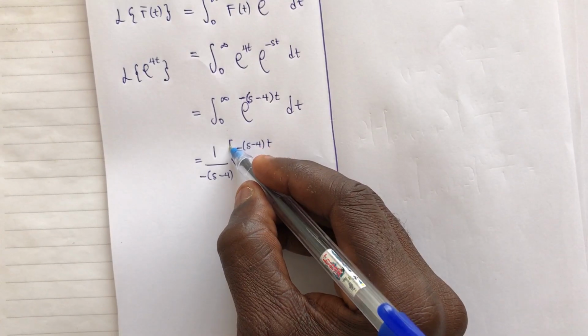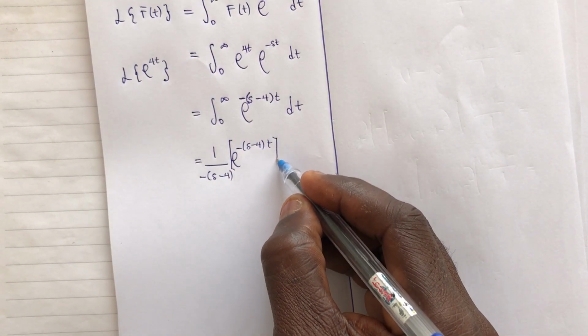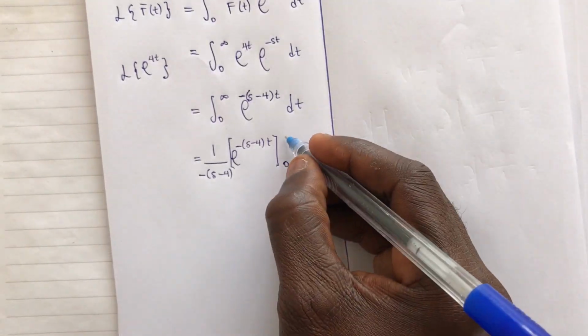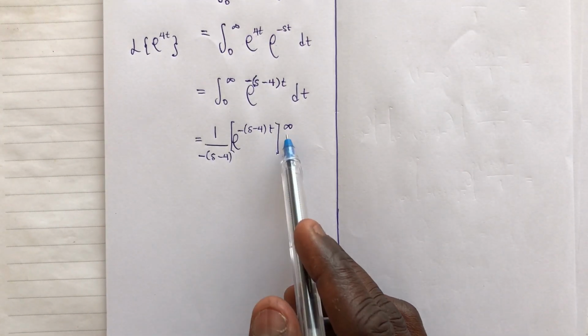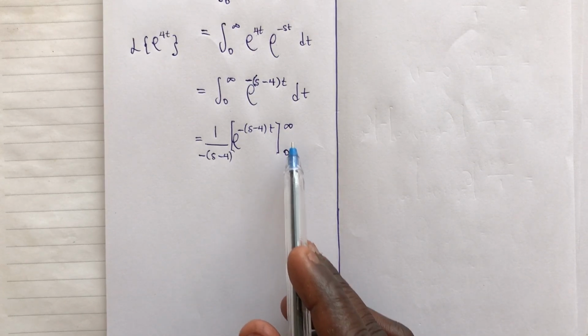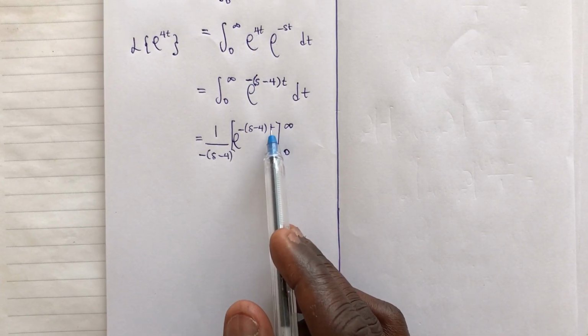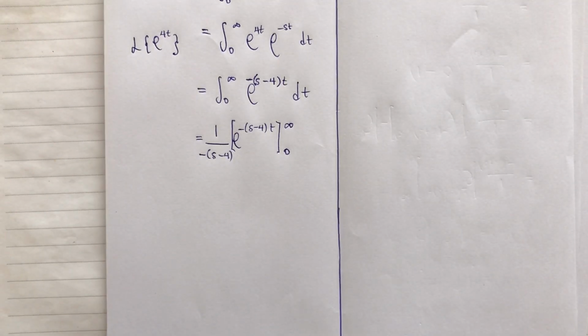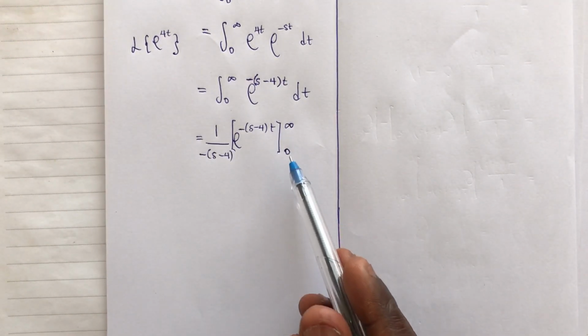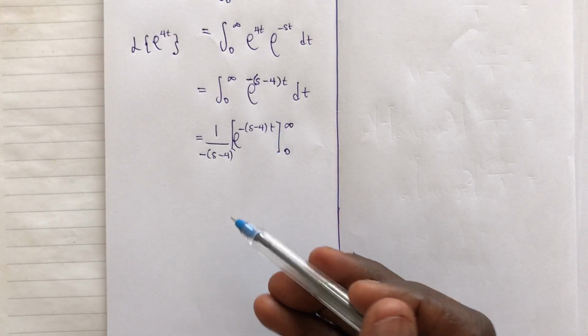Okay, now introduce your lower and upper limit, 0 to infinity. Now to put in the upper and lower limit, remember that from the value 0 to infinity, the real value is for t, because t must be greater or equal to 0. So we substitute it there.